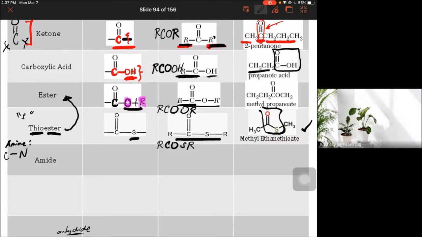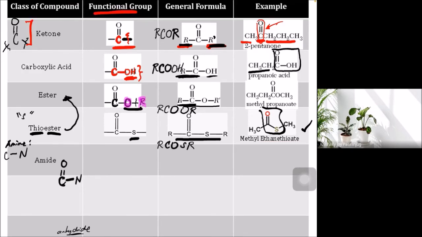Now, when you see a carbon single bonded to nitrogen, but this carbon is a carbonyl carbon, that's the time it is an amide. The carbon itself singly bonded to nitrogen should be a carbonyl carbon; that is an amide.